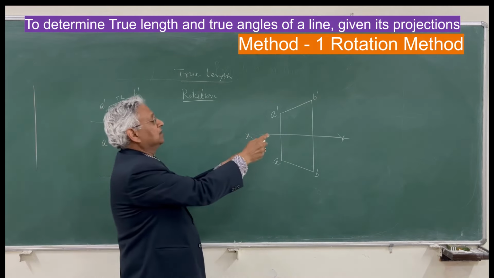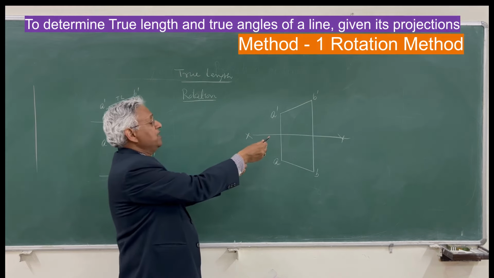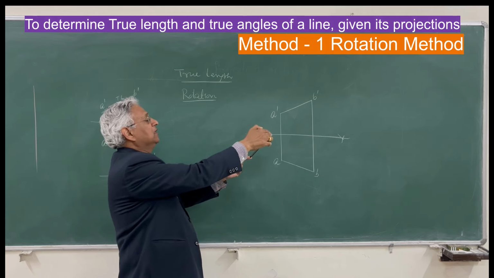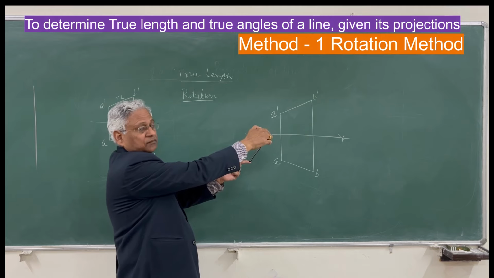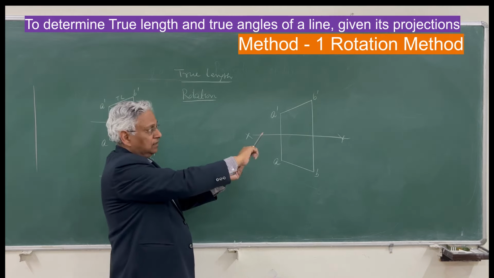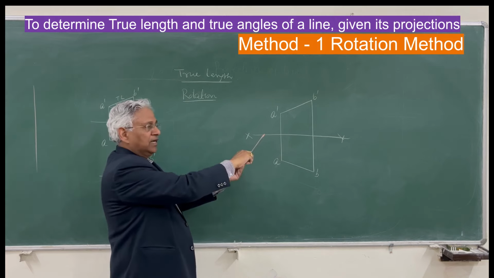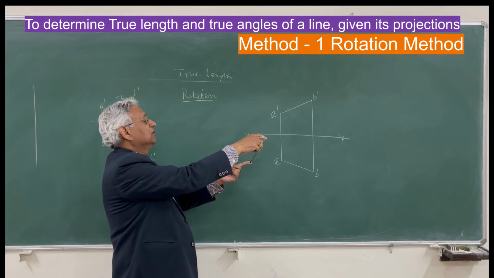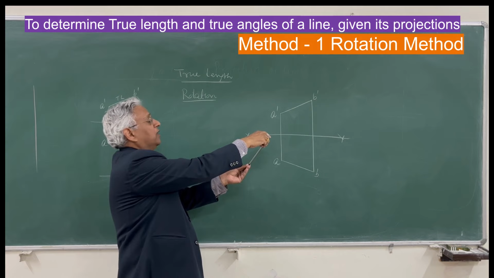So this line, let us say this is A and this is B. Holding A in this position, you just rotate B and make this line parallel to the vertical plane without changing its height. Because when you change the height, the angle will change. So we are not changing angle theta, we are simply making angle phi 0. Right? So from this position, you rotate this line about A and make it parallel to the vertical plane.